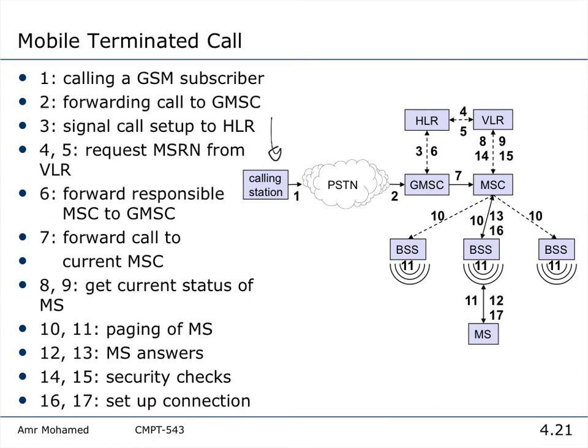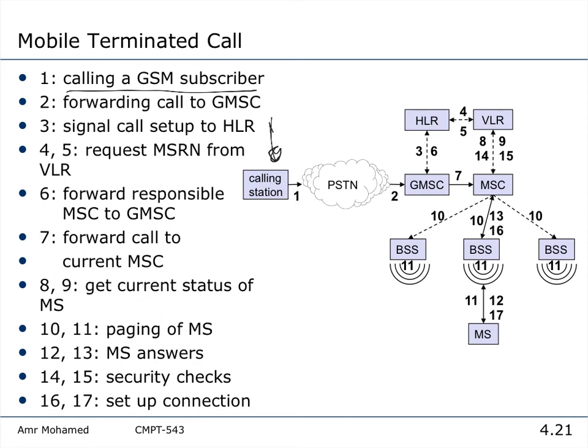Okay? So what are the steps to be done to find my mobile station in a cellular network as part of GSM? Okay? So someone from a PSTN tries to initiate a call to a GSM subscriber.